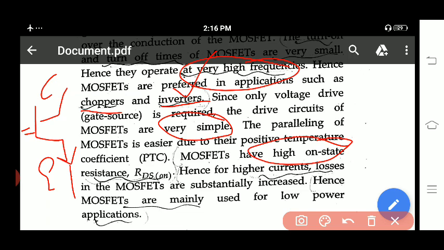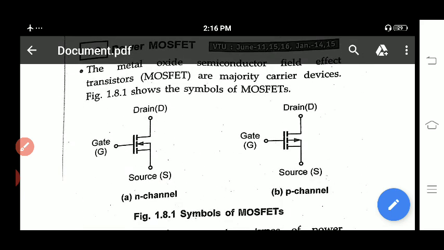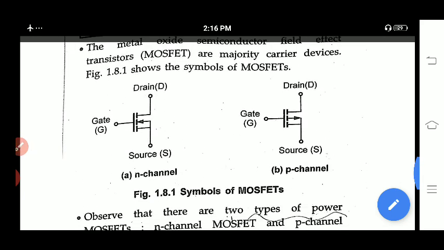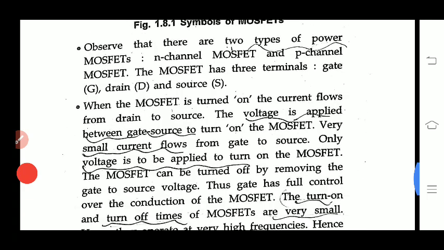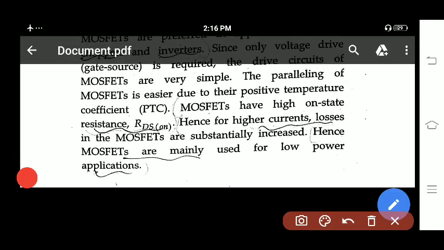But in this MOSFET, whatever the resistance is between drain and source, that resistance is very high compared with the BJT. Because of this it has maximum on-drop resistance, and because of this it is used only for low power applications.